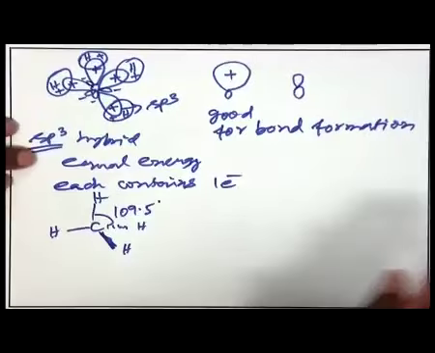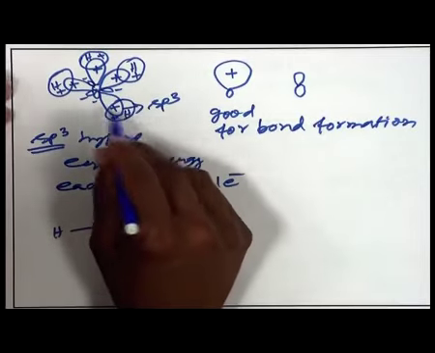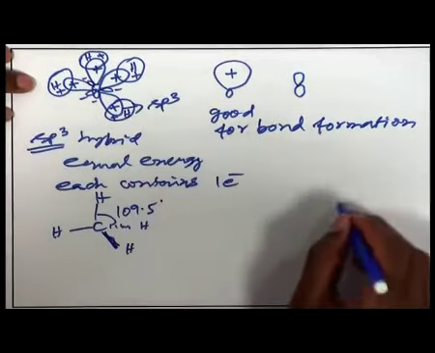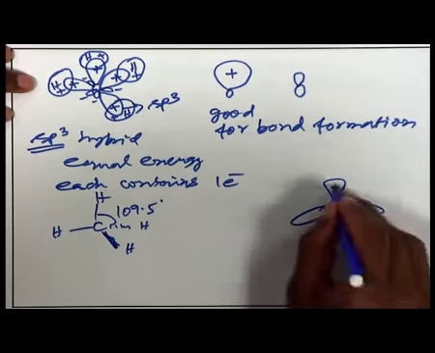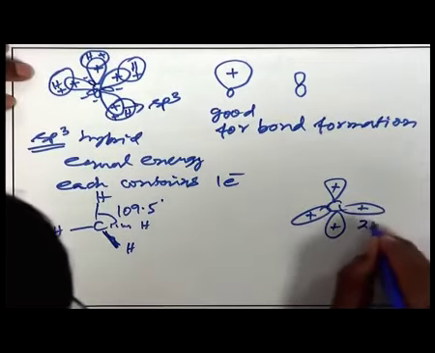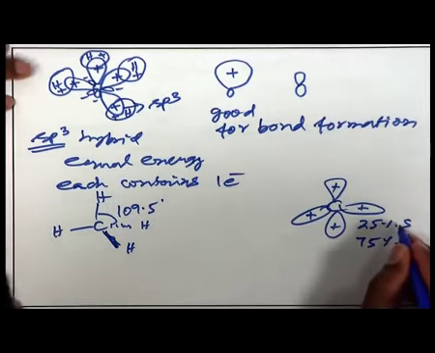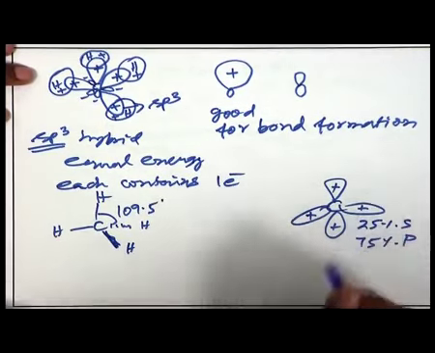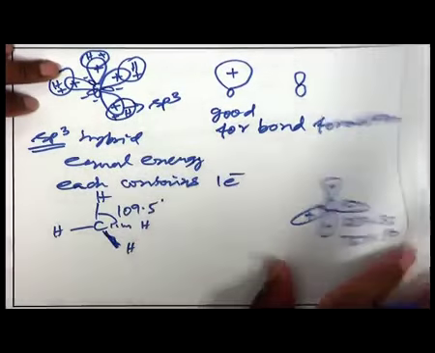On the other hand, we have seen sp3 hybridization for methane. What is the percentage of s character for this hybridized orbital of carbon? It has 25% s and 75% p character, or 1/4 s character and 3/4 p character for each hybridized orbital, and that is why they have equal energy.